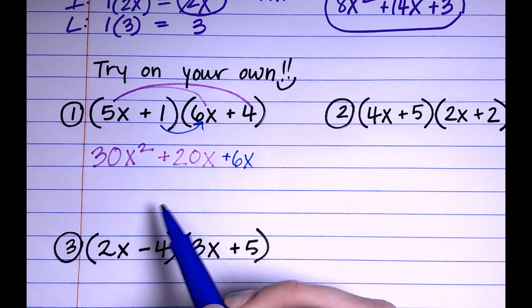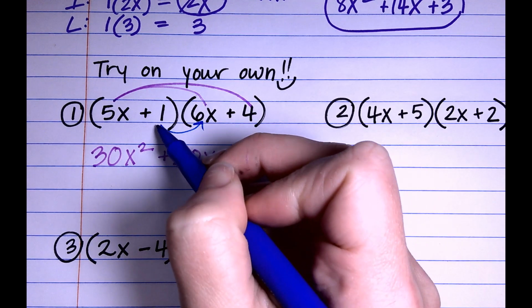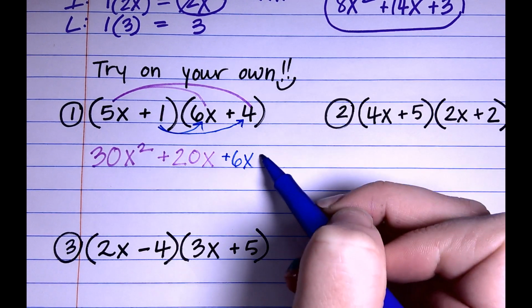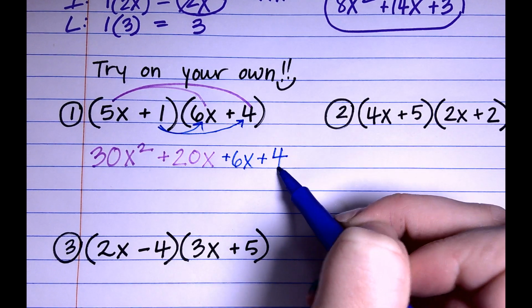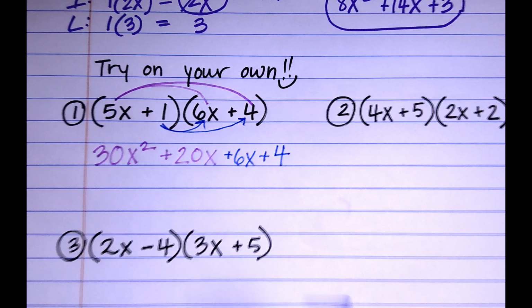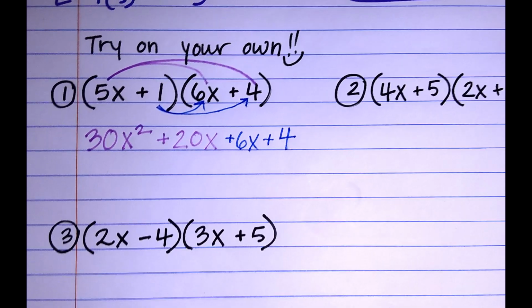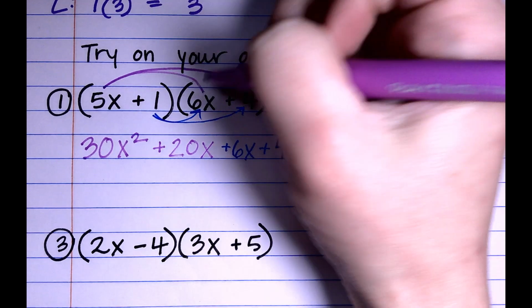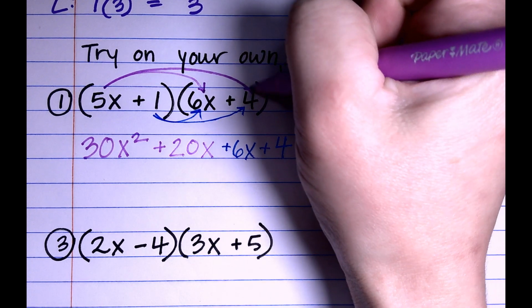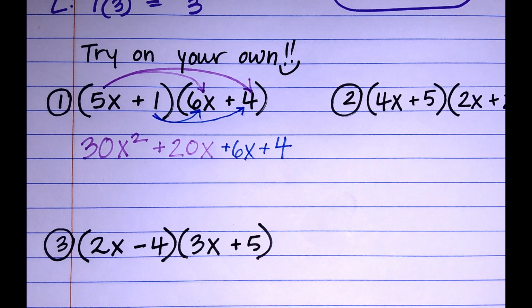And last but not least, 1 times 4, which is 4. Okay, so this time I just separated it into the 2 distribution problems with colors. Same exact thing we did before, I just didn't write out all the separate multiplication problems.